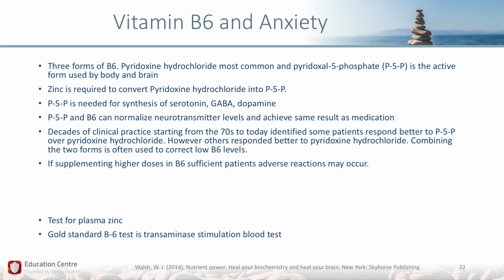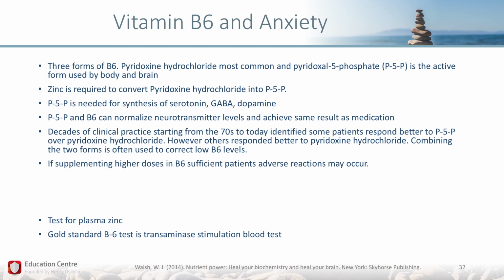And what they found after decades and decades of trial and error was that when they gave some patients pyridoxine hydrochloride and tested and provided all this biochemistry, a lot of patients were failing to get results out of pyridoxine hydrochloride. Then they discovered the implications of zinc, and that zinc maybe wasn't converting it over properly.